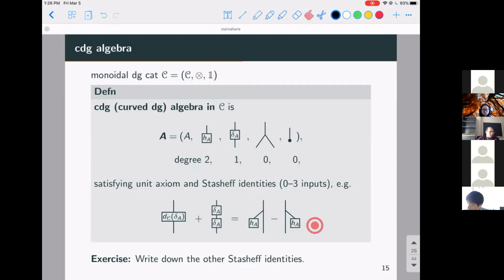For example, here's what I had earlier. Okay. But notice that now on this left-hand side, I have the same kind of expression that had appeared in the Maurer-Cartan equation. And this is because I'm working in a category C, which already has a differential.